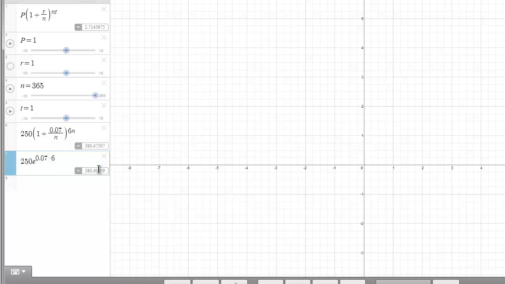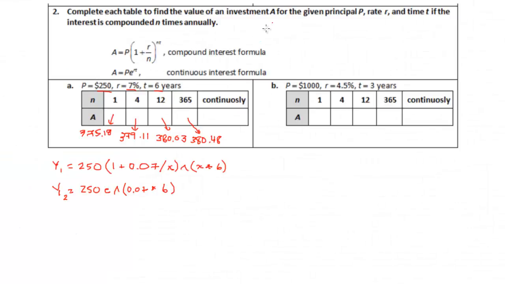And we get $380.49. Notice it's only a penny different between daily and continuously, so it's barely noticeable.